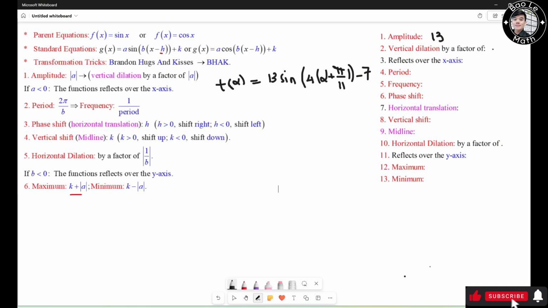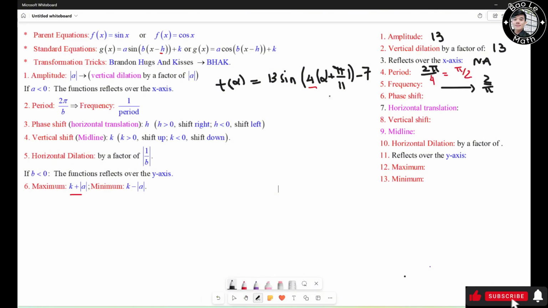Vertical dilation by a factor of 13. Reflect over the x-axis, none. Period is going to be 2 pi divided by b. B in this situation is 4, so 2 pi divided by 4 is pi over 2. The frequency is going to be 2 over pi.